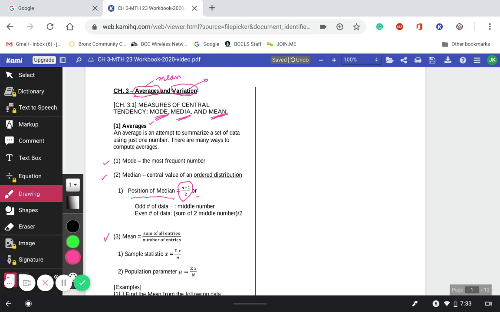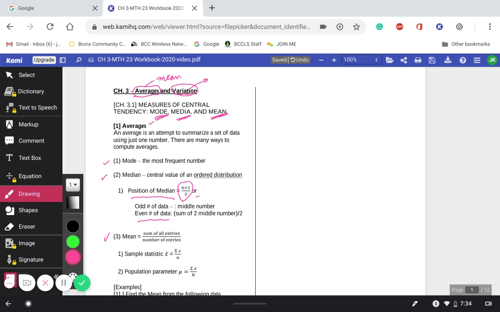If you have an odd number of data, you have one position for the middle data. If you have an even number of data, you have two positions to represent the median.